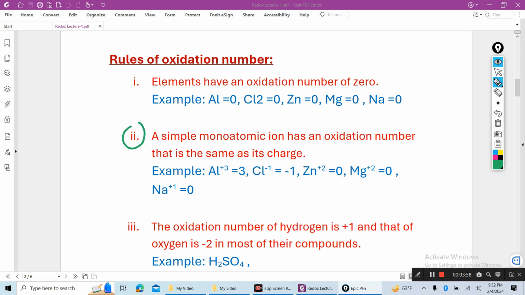Rule number 2. A simple monoatomic ion has an oxidation number that is the same as its charge, as its power. Monoatomic means one atom.